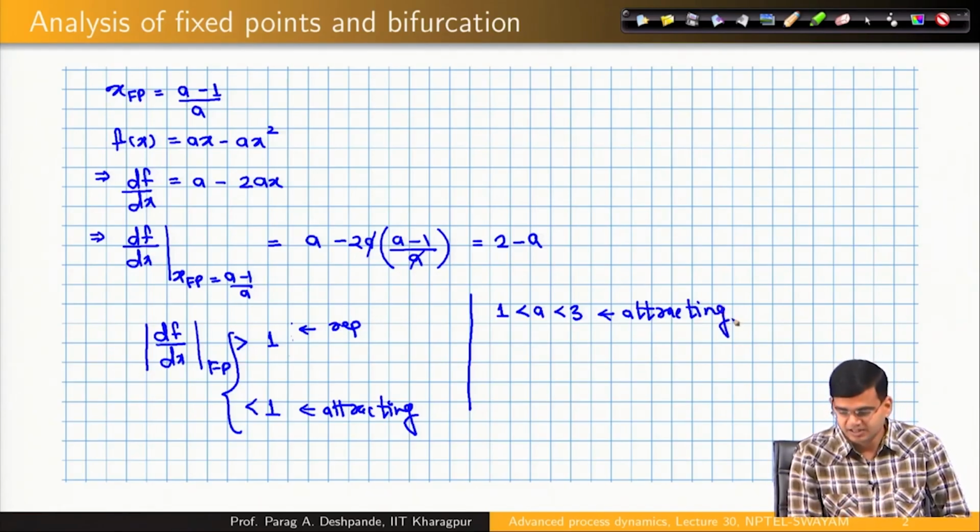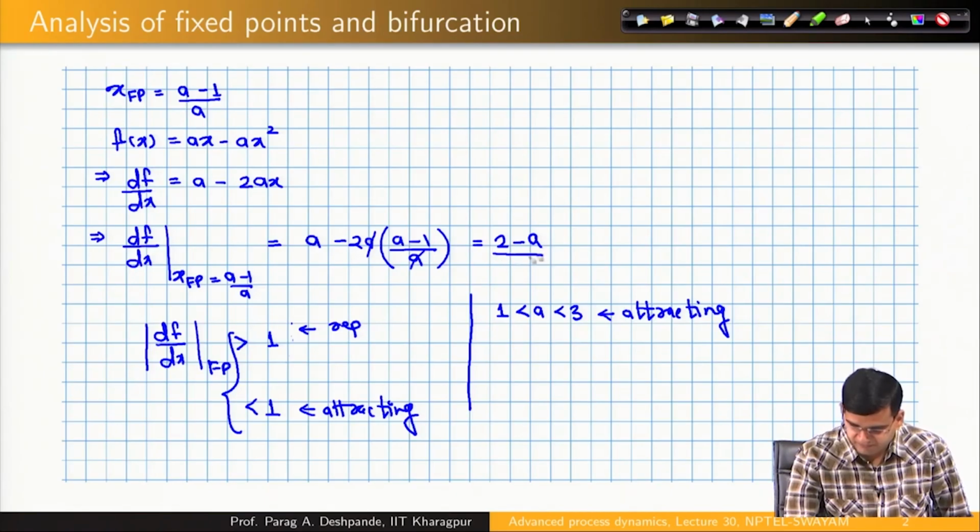This inequality can be very easily established from here and from this condition.